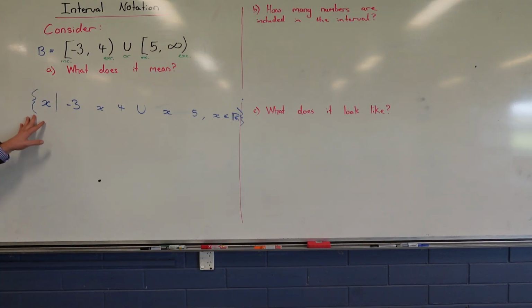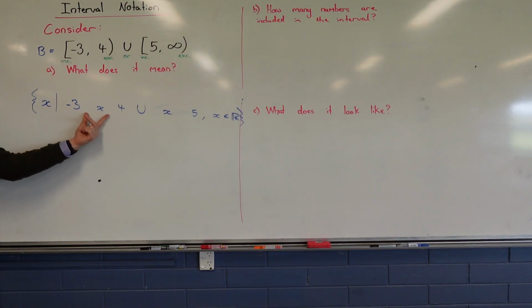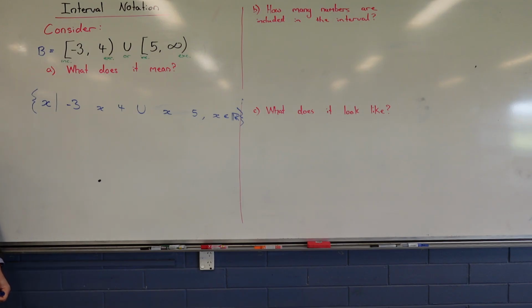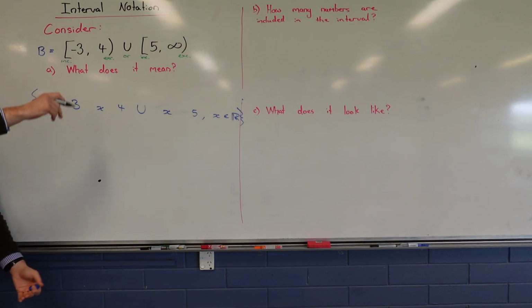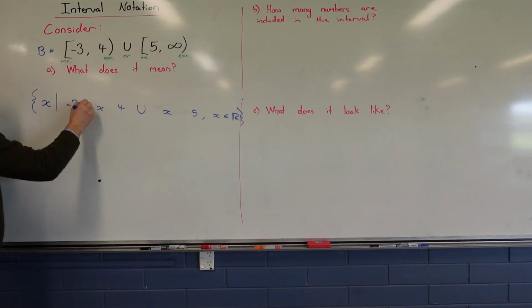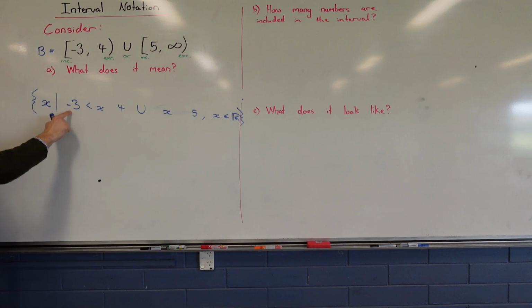Okay, so here's my interval notation, here's my set builder notation. Now I've got -3, x and 4. What symbol should I put on either side of the x here? Whatever you feel like, I guess. Less than. Yeah, that one. -3 is less than x.